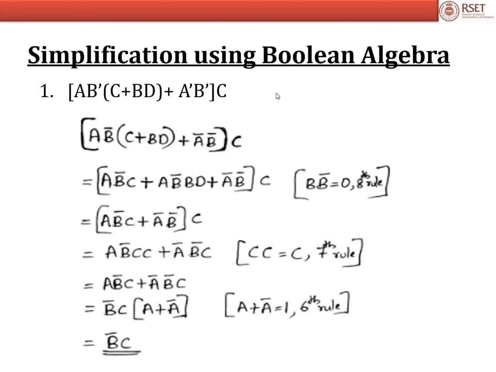Next, we will see some examples in which we are simplifying a Boolean expression using Boolean algebra. What is the need of simplifying using Boolean algebra? Boolean algebra is used to simplify Boolean expressions which represent combinational logic circuits.